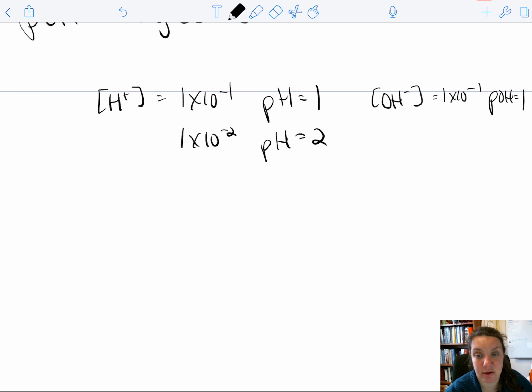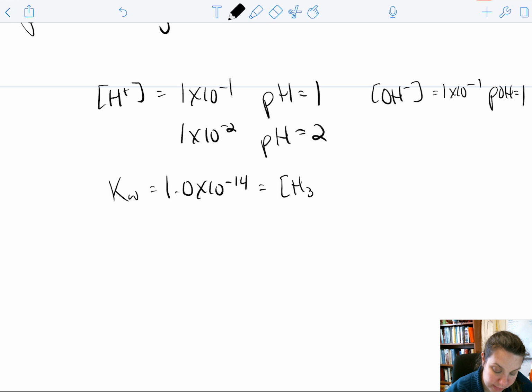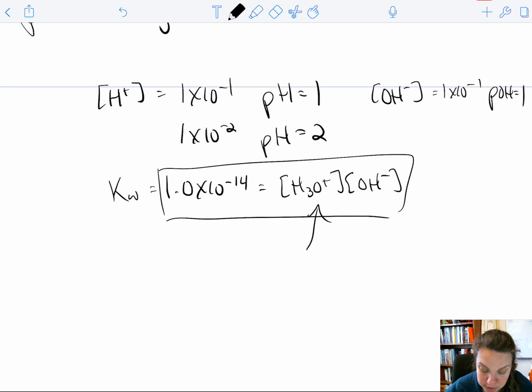So we will look at examples of how to do pH, but some things to note. We could use that whole Kw equal to 1.0 times 10 to the negative 14, equal to our H3O plus times our OH minus concentration. So if we know one of these concentrations, we can determine the other one.